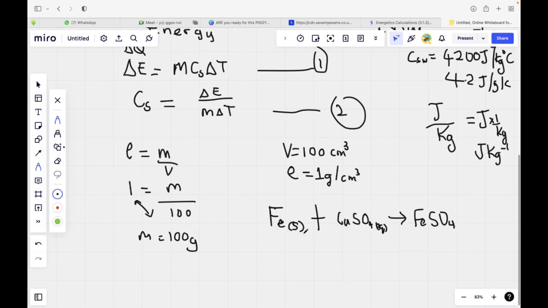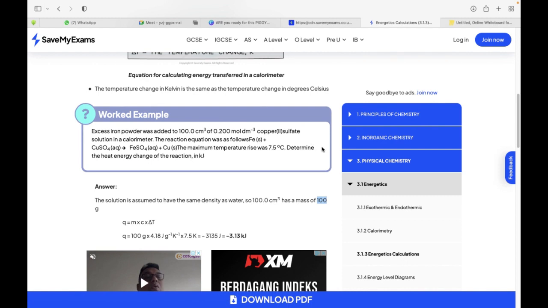Iron is higher than copper in the reactivity series, so it will displace copper. It will become iron sulfate plus copper as a solid. So this is the equation of the reaction.